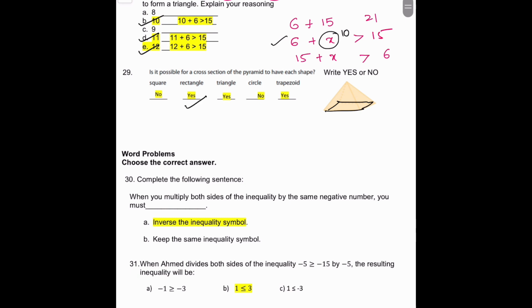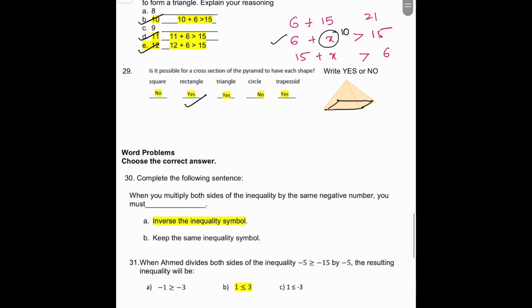So I can have a rectangle at the bottom of the pyramid, yes. But the triangle, can I have the cross section? Yes, of course, when I cut it vertically, through the vertex to the base, I can get the face of the shape as a triangle. So yes, circle, no way, I cannot get a circle in a pyramid. And a trapezoid, yes, of course.